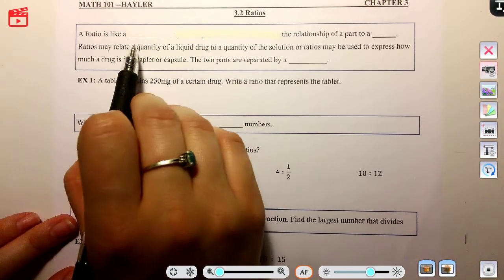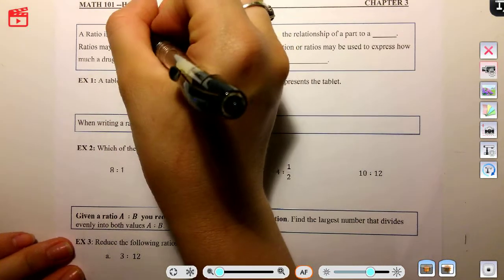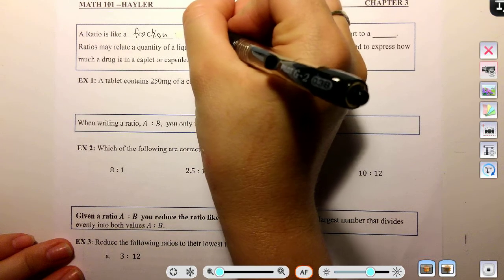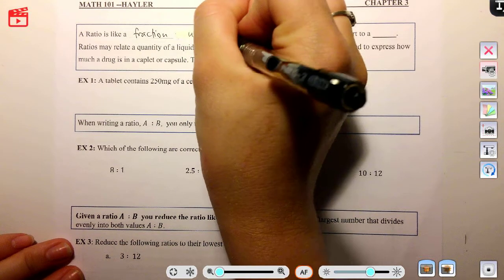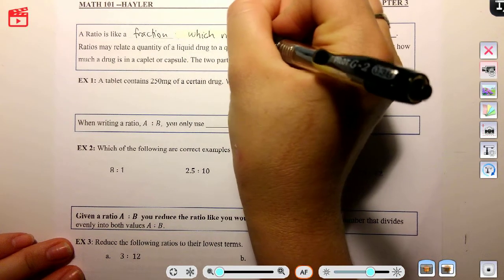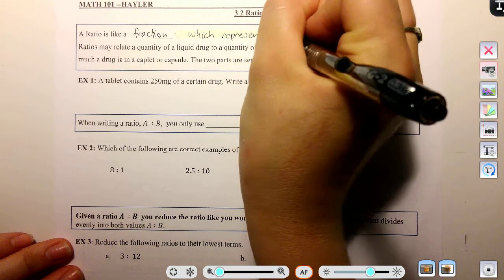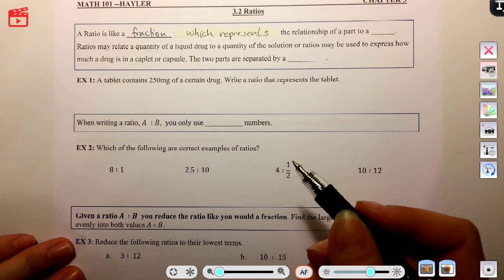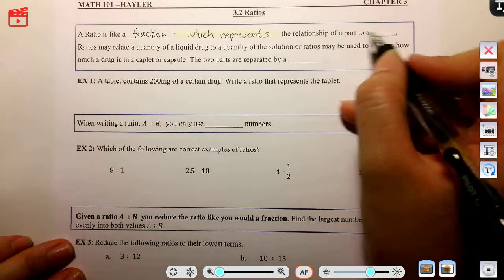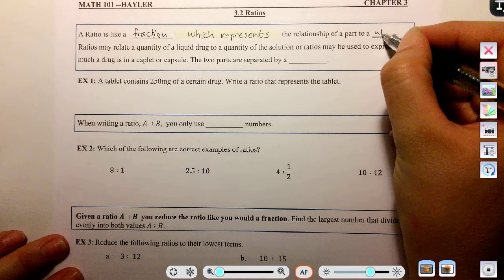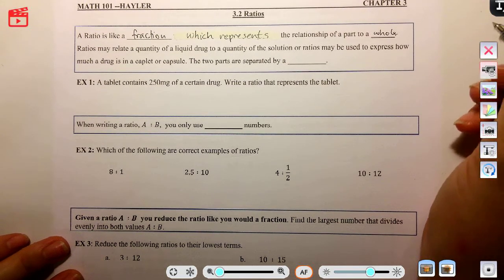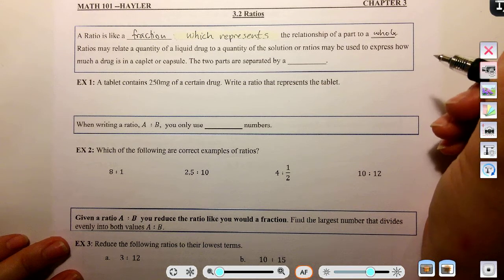A ratio is like a fraction which represents the relationship of a part to a whole.